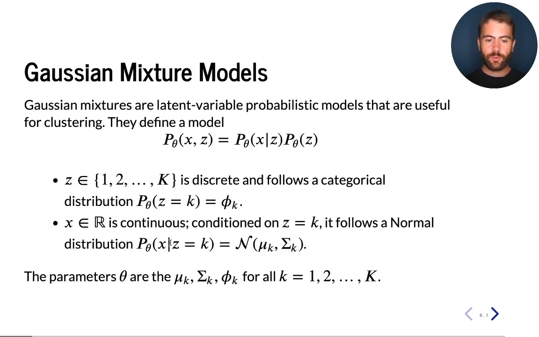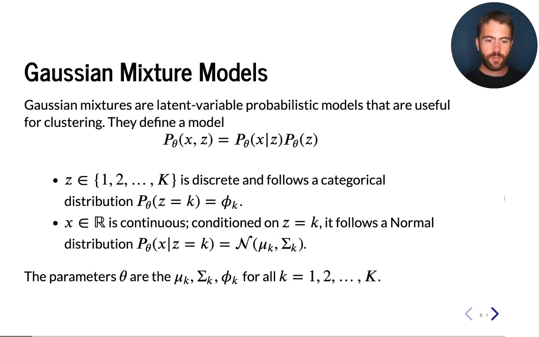X is sampled from a Gaussian, or in other words, a normal distribution with mean mu and variance sigma. And so the entirety of the parameters here, theta, is simply the union of all the mu's, sigmas, and phi's that define this probability distribution.